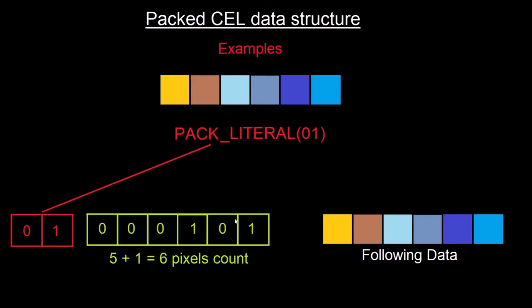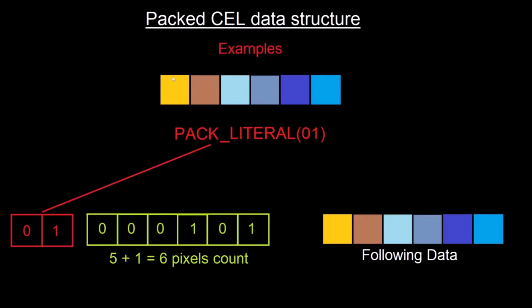If you convert it in binary, it's 1 plus 4, it's 5. It's 5, but there are 6 pixels. Yeah, because for this number, you have to add 1. And that means you tell the CEL engine the next 6 pixels, read them from the data sequentially.